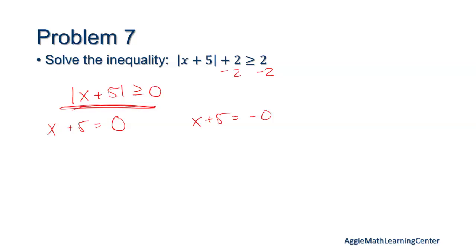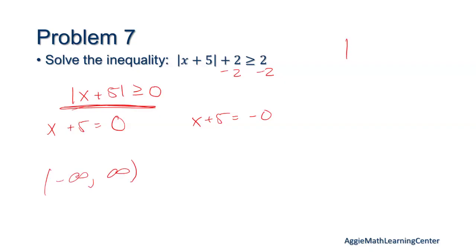Unless there's something going on outside of that absolute value, which we already took care of when we subtracted 2 from both sides on our first step. So when we have the absolute value greater than or equal to 0, our interval is going to be negative infinity to positive infinity.